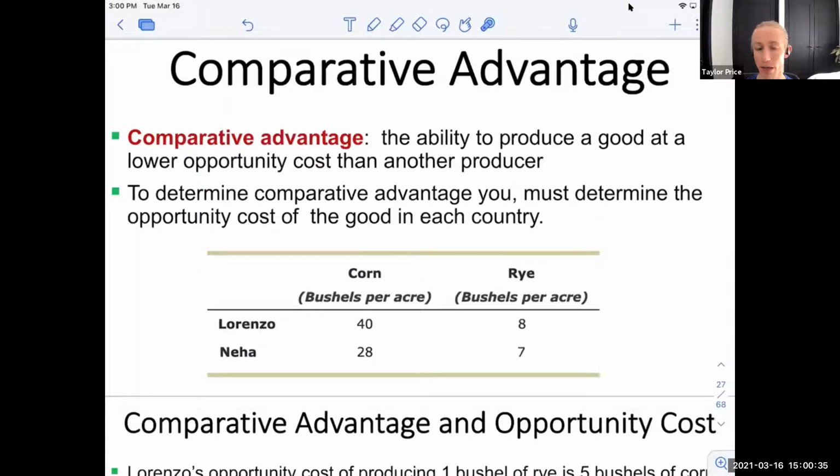Initially, when we look at Lorenzo and Nihah, we see that Lorenzo is able to produce more corn and rye than Nihah. So Lorenzo has an absolute advantage in both goods, but it's unlikely that Lorenzo is going to have a comparative advantage in both goods.